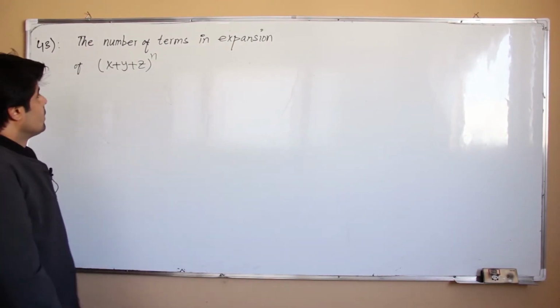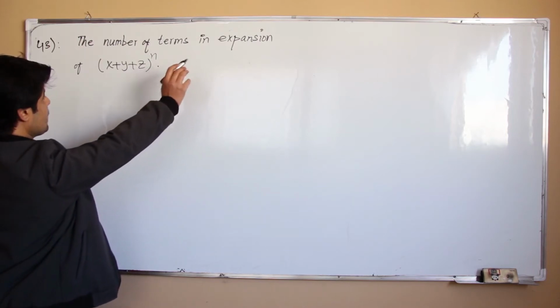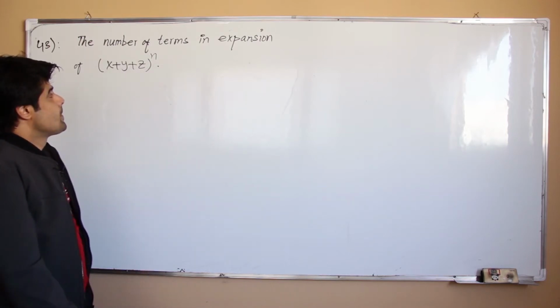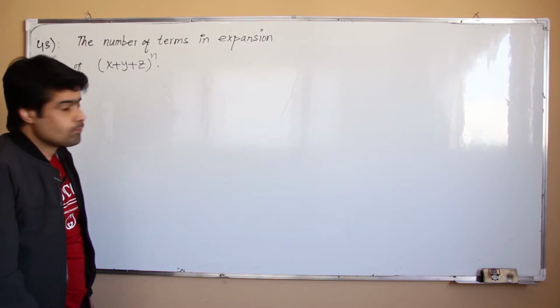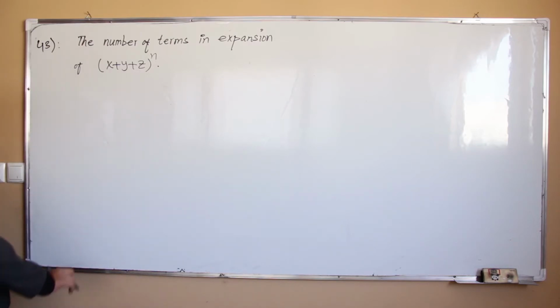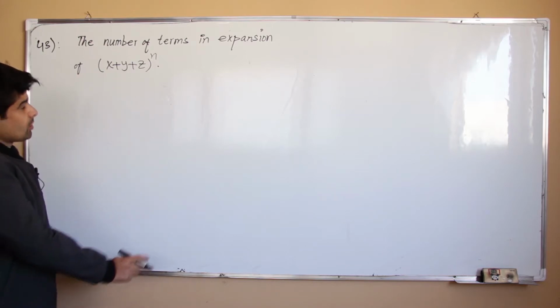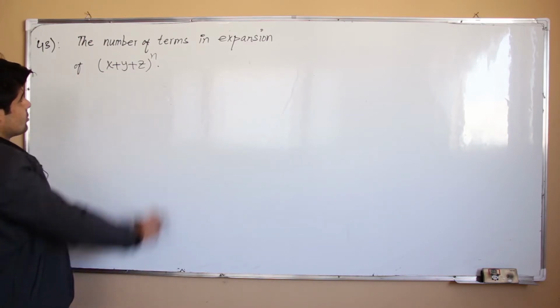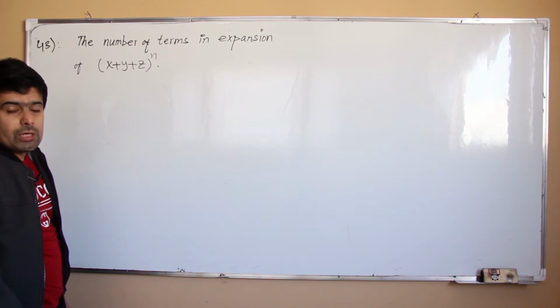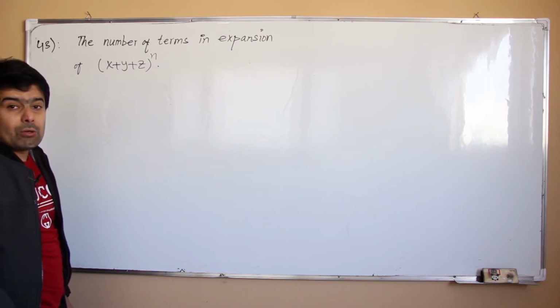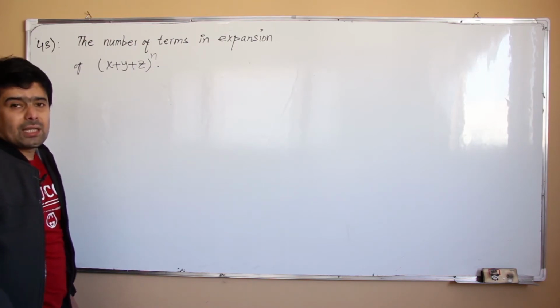Question 43. The number of terms in the expansion of this expression is. How can you find it? One thing you know is that we know just the binomial expansion, not the trinomial. We just know the binomial expansion, nothing else.